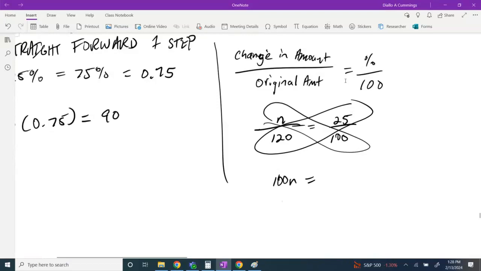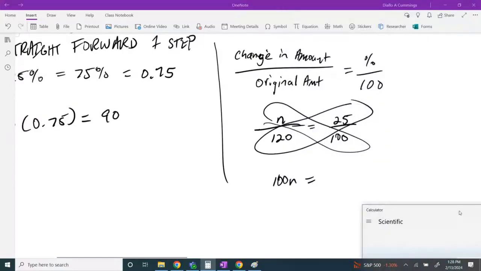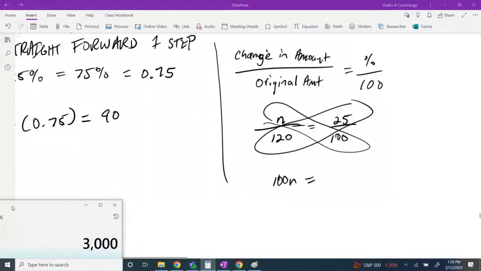And if I cross multiply 120 by 25, we get 3,000. I want to solve it for N, which represents the change in amount.